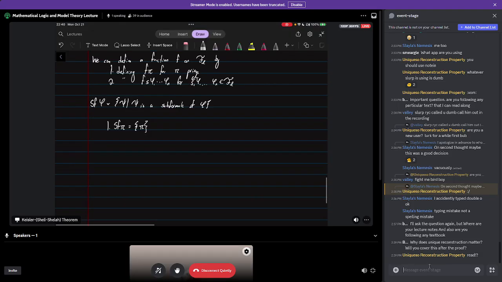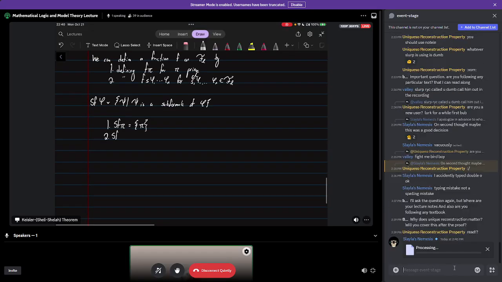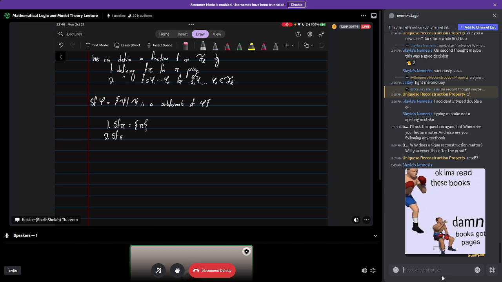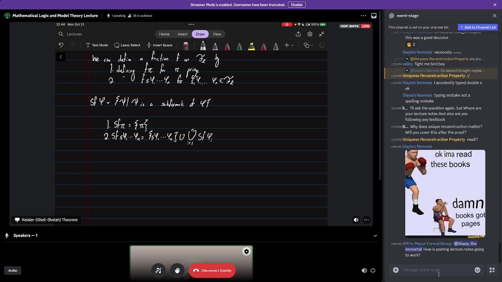It's atomic. And then the subformulas for S phi 1 through phi n is going to be S phi 1 through phi n, so it's the whole formula, and the union from i equals 1 to n of the subformulas of phi i. So this is the definition of the set of subformulas.